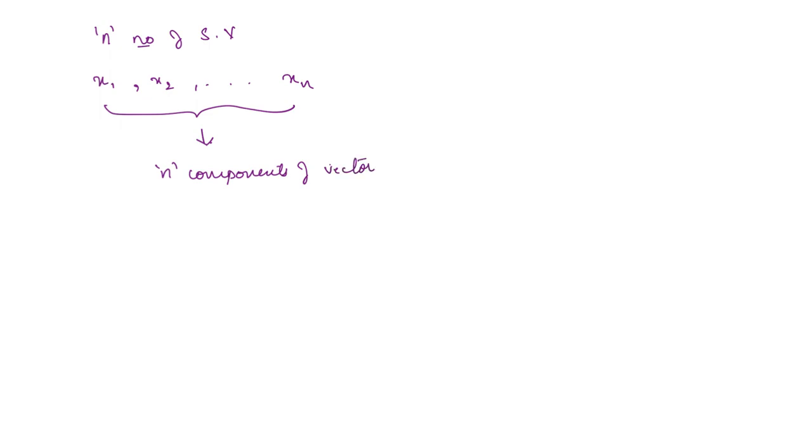This vector we write as x of t, which will be x1, x2 and so on till xn. You can write this as a function of time. What will be the order of this matrix? N into 1. So this is called the state vector.